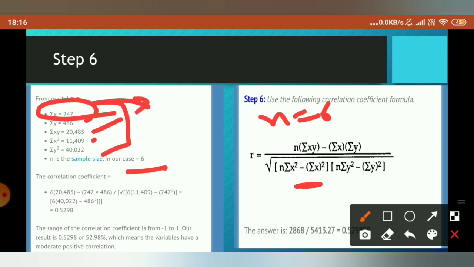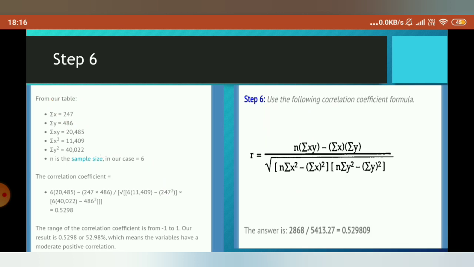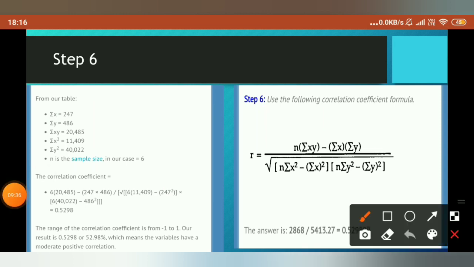In this way you put all the values in and calculate with the help of a calculator, and you have the result. And what is your answer? Here the answer is 0.52. What does it mean? It means it is a positive correlation because the value is positive.